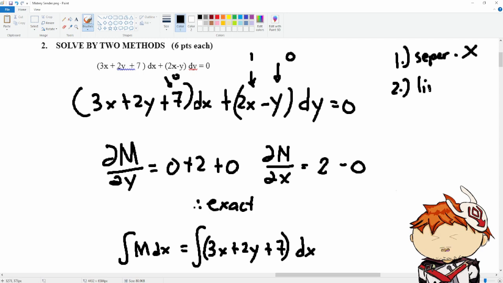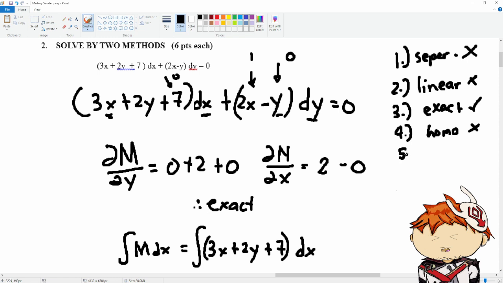It cannot be linear because you have x dx and y dy, so basically your variables are not of first degree. It's not homogeneous. So we're going to go now to other types. Inspection, let's do it last. Non-exact? It cannot be non-exact because it is already exact.